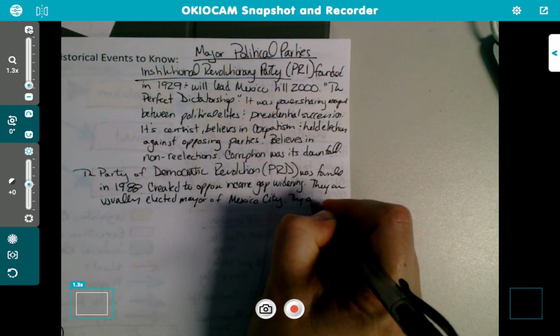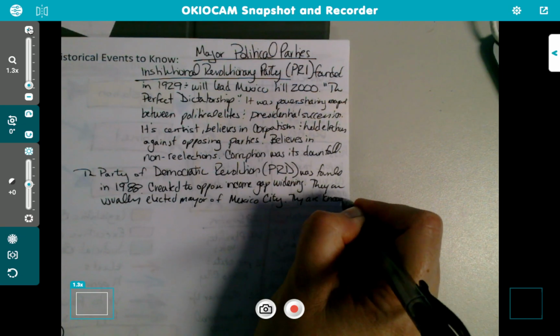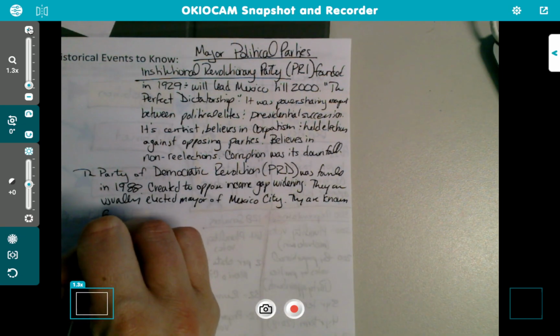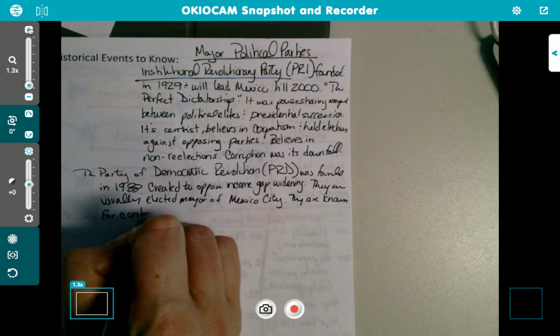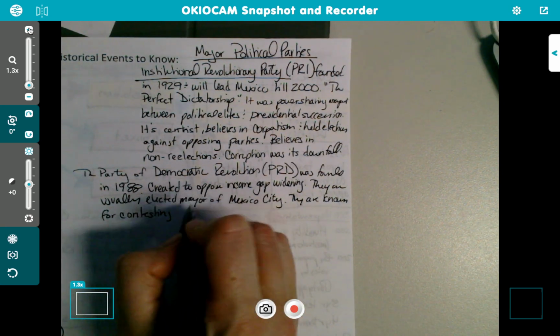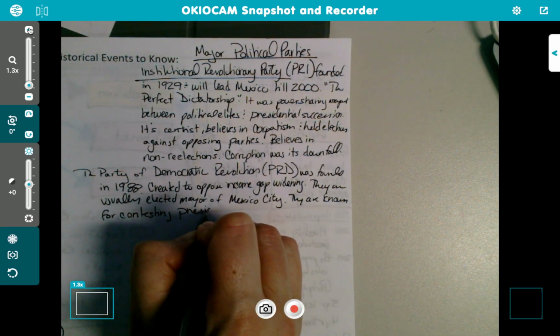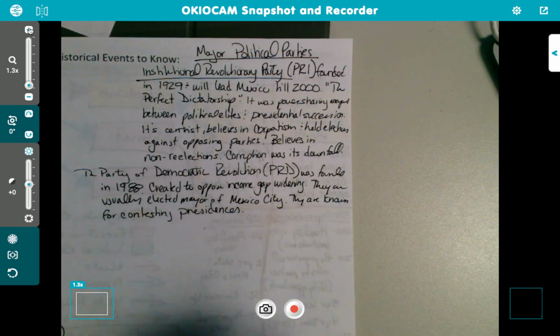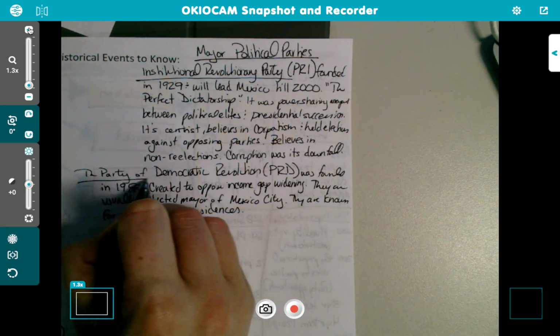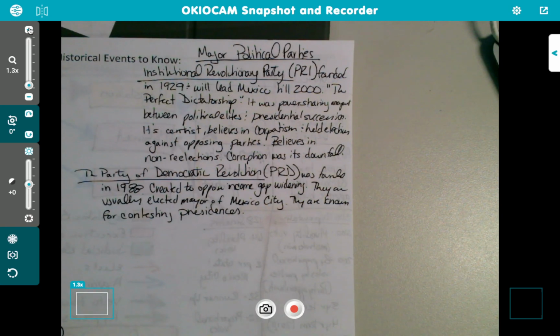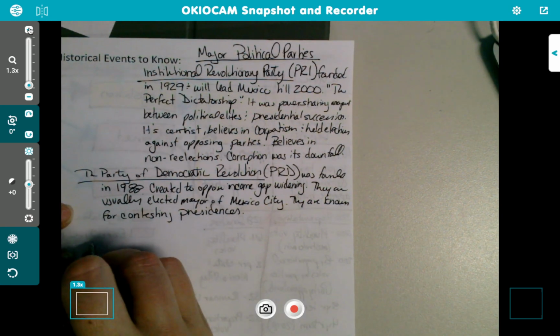They are known for contesting presidencies. Okay, so contesting a presidency is saying that a presidency isn't valid because of corruption or election failure, fraud. Good luck or bad luck for the democracy? Bad luck, and that's what they're known for. So they used to be a really popular party. They're not so popular anymore.